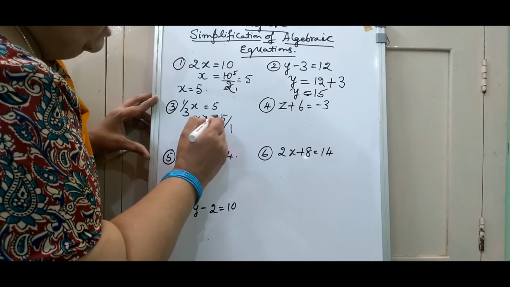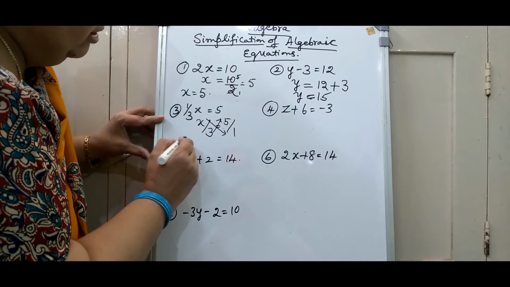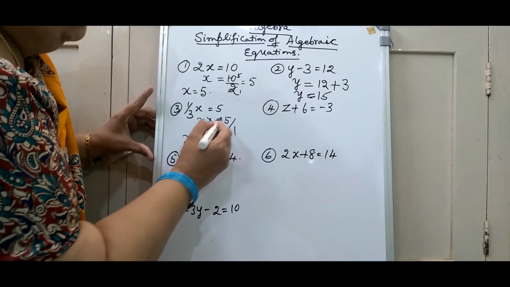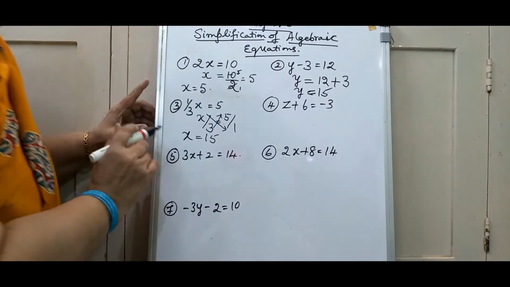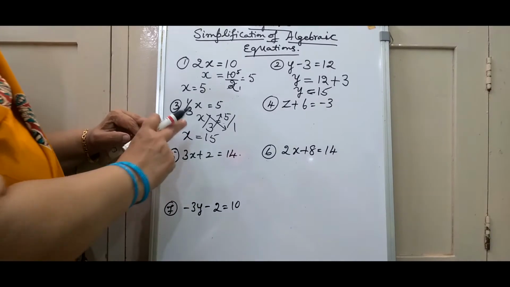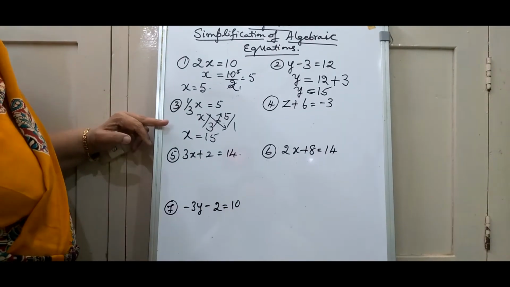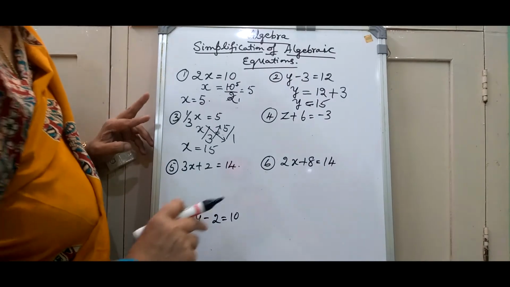Let us do the cross multiplication. x into 1 is nothing but x. Again 3 into 5 will be 15. 3 fives are 15. So x is equal to 15 will be the answer here. So we have used the cross multiplication method and found the value of the unknown number x.